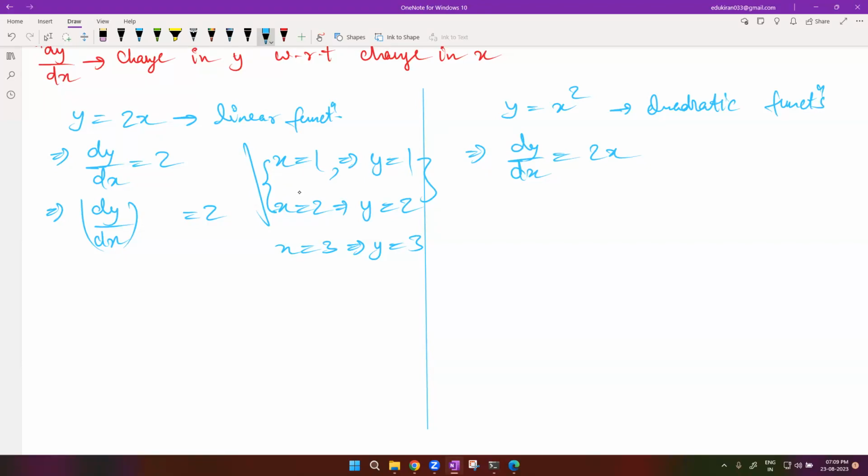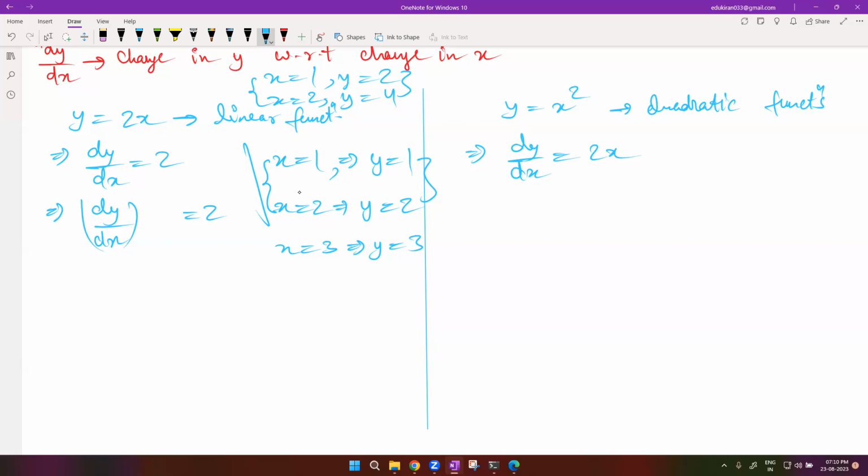For example, if you take x equals 1, y will be 2. If you take x equals 2, then y will be 4. See, the change in x is 1, but the change in y is twice. So this is an indicator. Dy by dx can act as an indicator for the change in one quantity with respect to the change in another quantity.